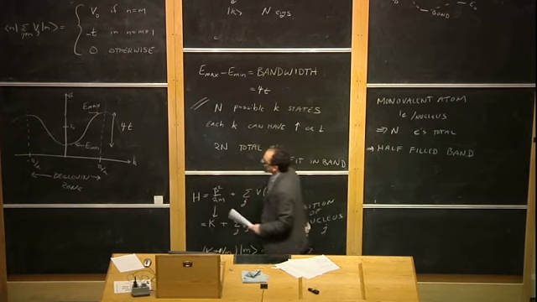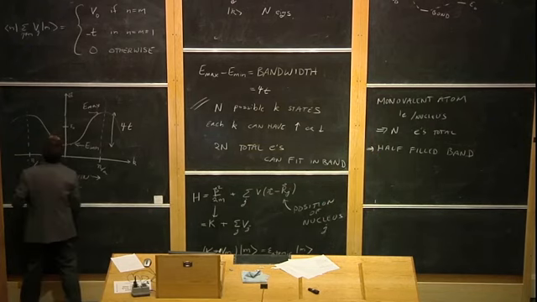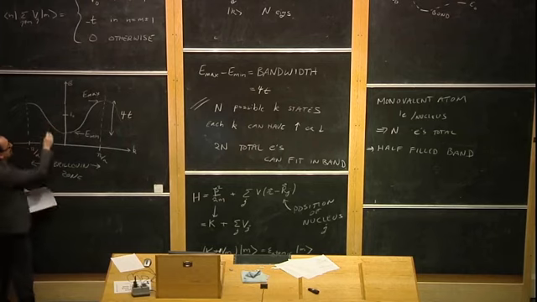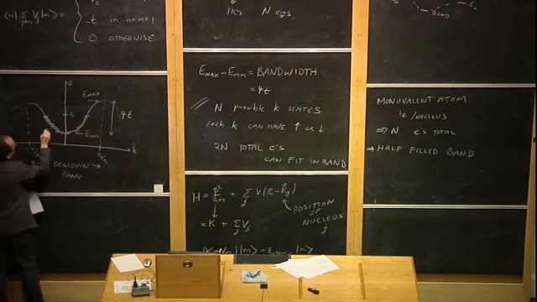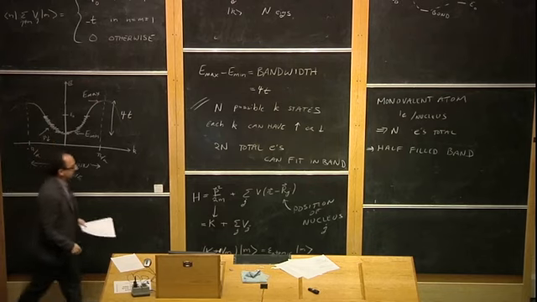Okay? So if we have n electrons total, or one electron per atom, we will fill up the band halfway, up to here. And this is filled now with both spin up and spin down electrons.